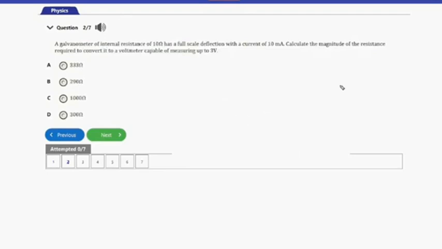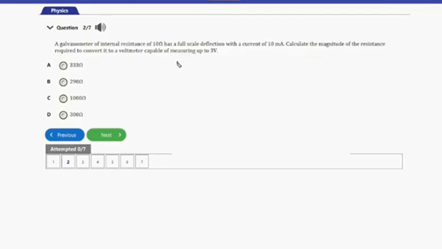The question here says, a galvanometer of internal resistance 10 ohm has a full-scale deflection with a current of 10 milliamps. Calculate the magnitude of the resistance required to convert it to voltmeter capable of measuring up to 3 volts. So guys, here again, we are going to employ the same formula.